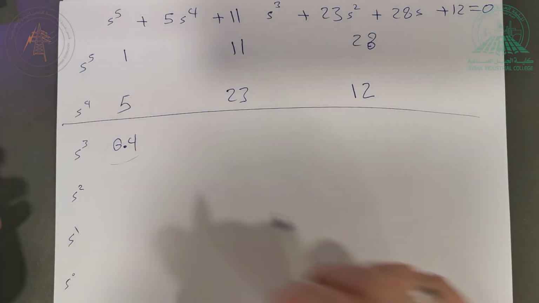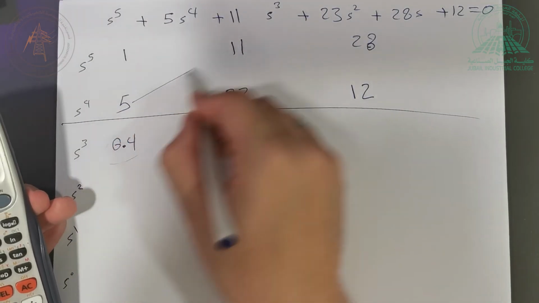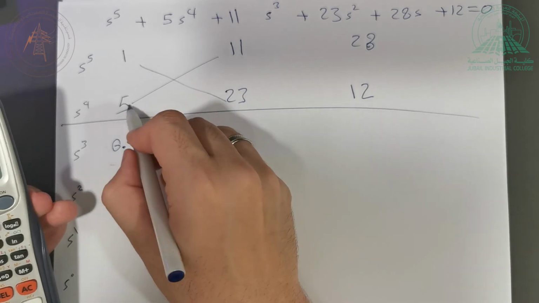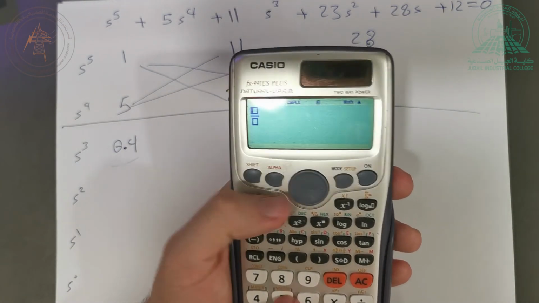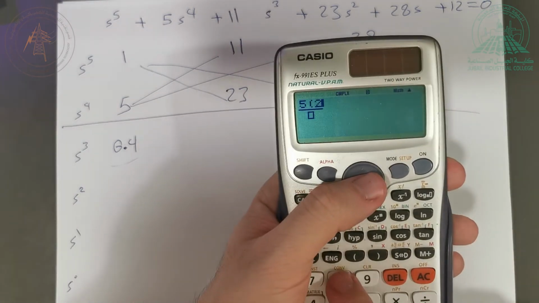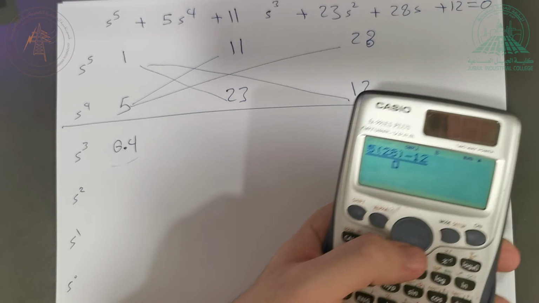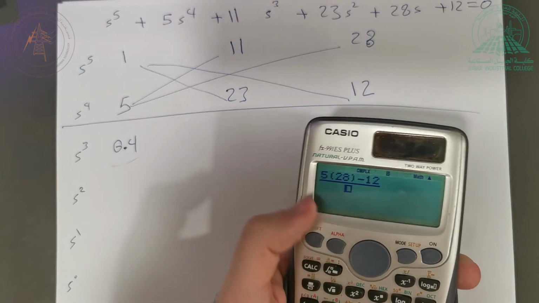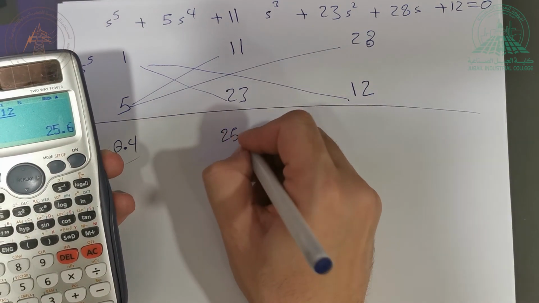How about this element? I'm going to multiply this with that minus this with that. So 5 multiplied by 28 minus 12 multiplied by 1, of course divided by 5. What do you get? You get 25.6.